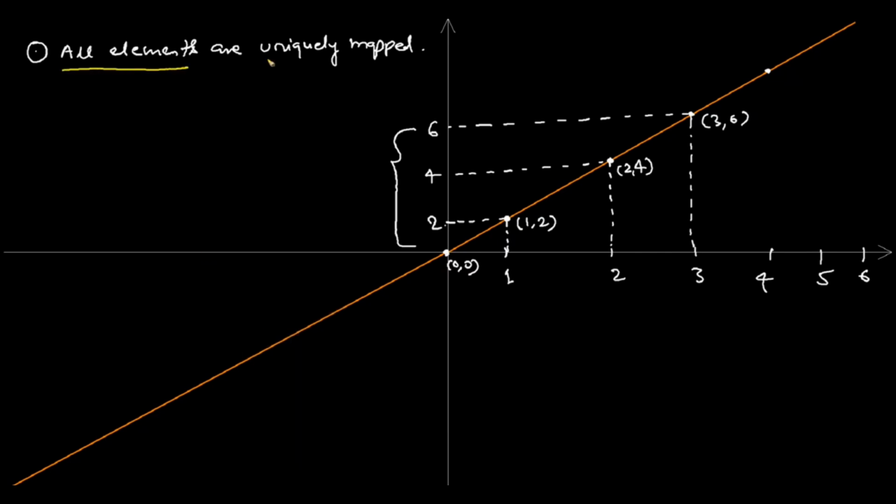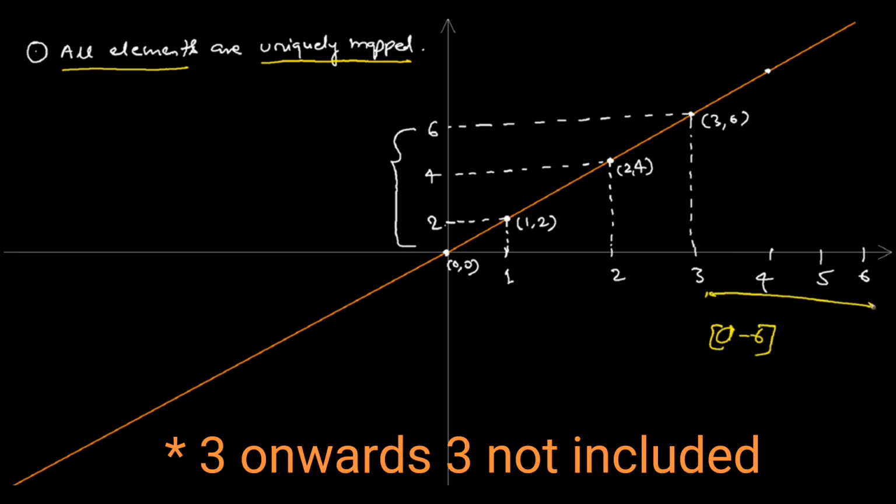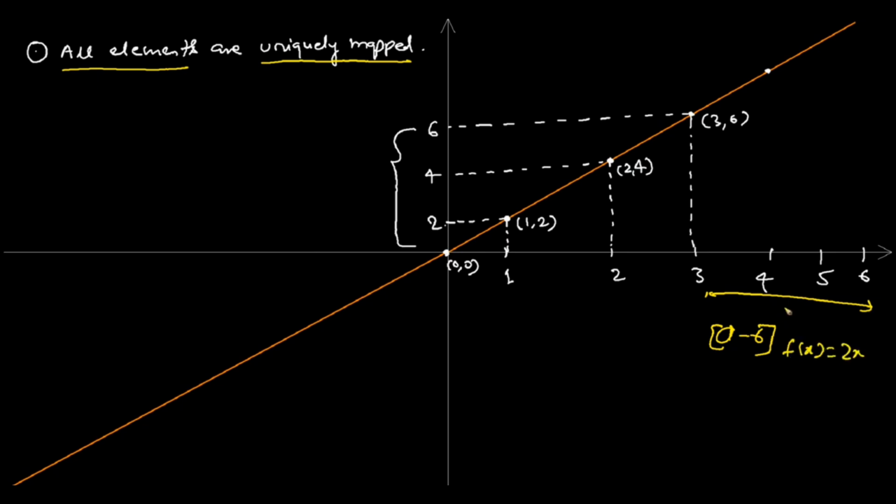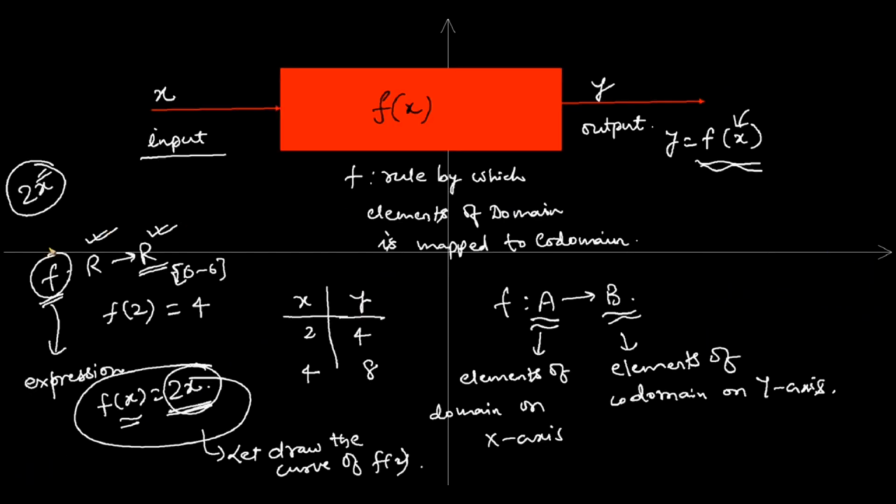All elements must be uniquely mapped. If your codomain is 0 to 6, then from 4 onwards f(x) equal to 2x is not a function, because 4, 5, 6, and so on, do not have any image. One more thing, I've been taking only natural numbers as x, however it is R. As you can see, you can even take 2.1, then y would be 4.2.